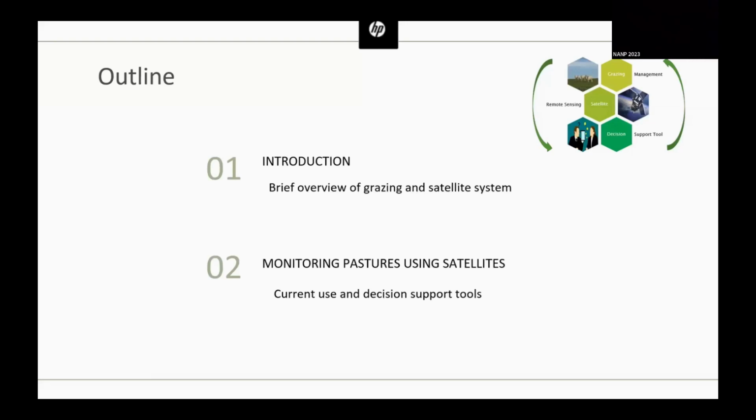And the second part, the core of this presentation, is where I talk about how satellites can be used to monitor pastures and how those models can be included in decision support tools.